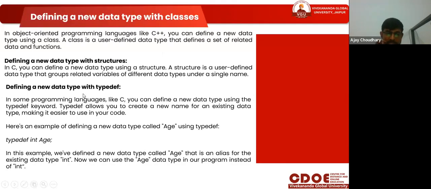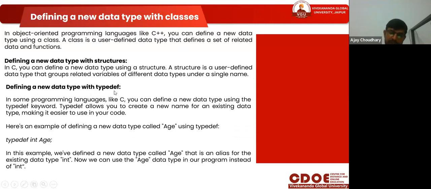There is another example of defining a new data type with a structure in C. You can define a new data type by using a structure. A structure is a user-defined data type that groups related variables of different data types under a single name.